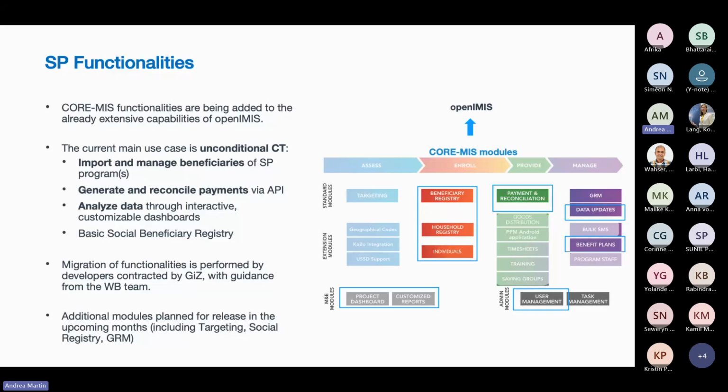And there's also the creation of benefit plans, meaning that unlike the original Java platform, which was designed and, let's say, conceptualized to be more of one deployment per program, with this new migrated version, there's a possibility of managing multiple programs from the same instance.